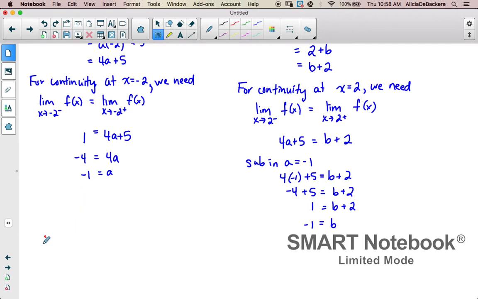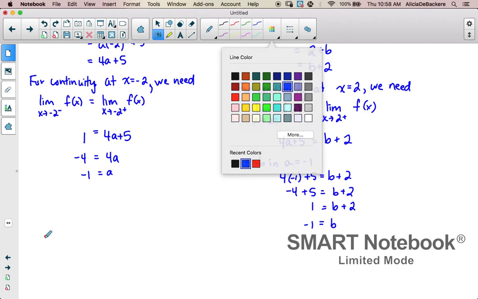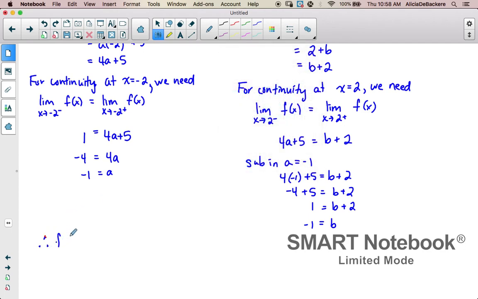All right, my summary sentence for this one. So the question asks you to state the values. I'm going to restate the whole function. I'm just plugging in my a value and my b value and then restating those domains.